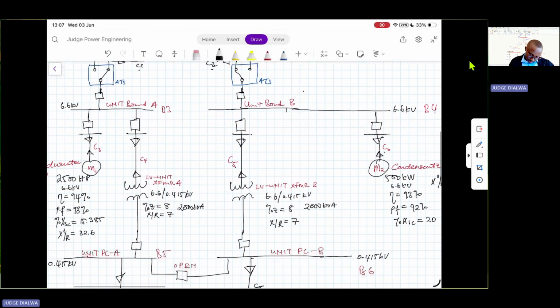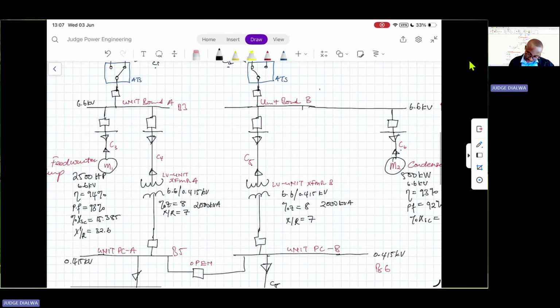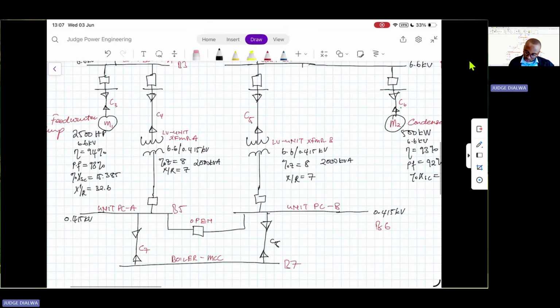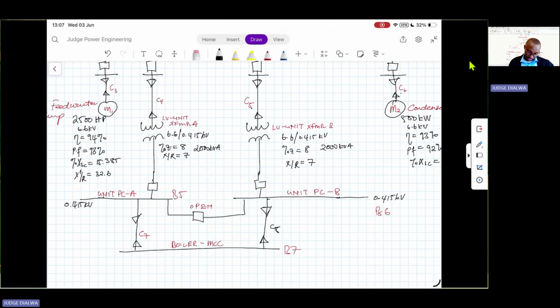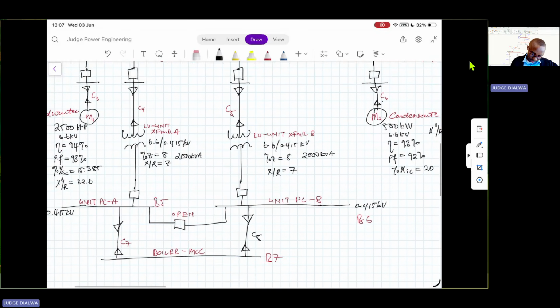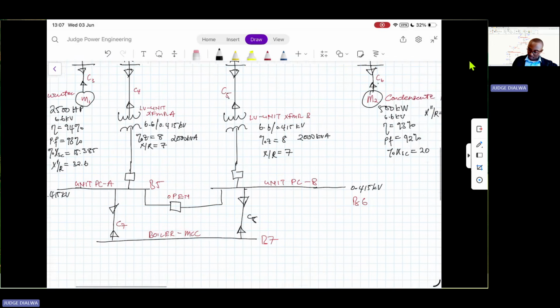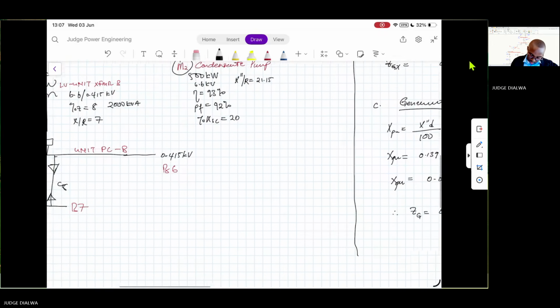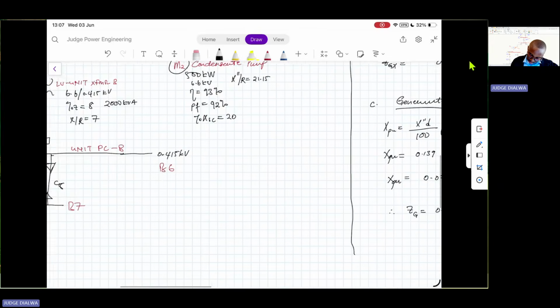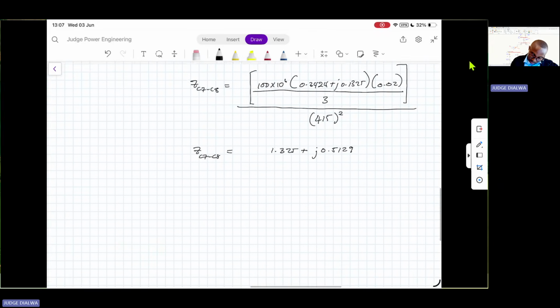We still have a number of components. We have our motors and our low voltage unit transformers. So now let's start off with our feed water pump motor. There's motor 1, feed water pump 1.